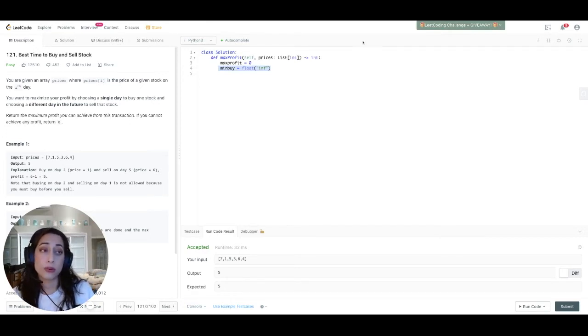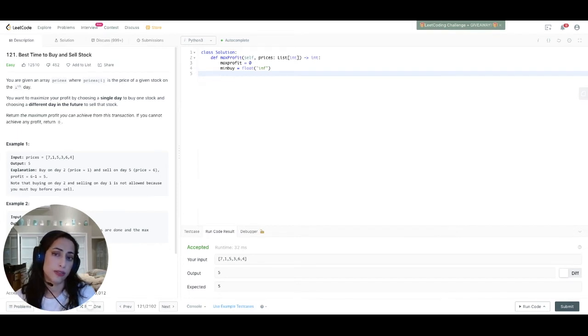And then going forward, if there is a higher value that we can sell at, then we'll evaluate at that point if that is a greater profit. The other thing that it could be is if we're looking at a value and that value is a peak. So if we calculate a new profit from whatever we had bought at earlier and it's larger than any number that we had seen before, given that earlier buy value, then that becomes our new profit. So this will make a little more sense when I actually start writing it out.